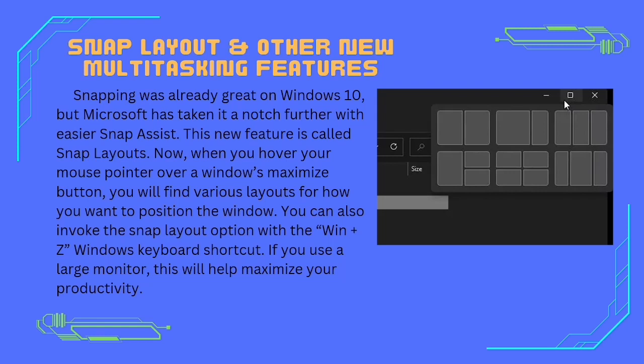Now, when you hover mouse pointer over a Windows maximize button, you will find various layouts for how you want to position the window. You can also invoke the snap layout option with the Win plus Z keyboard shortcut. If you use a large monitor, this will help maximize your productivity.